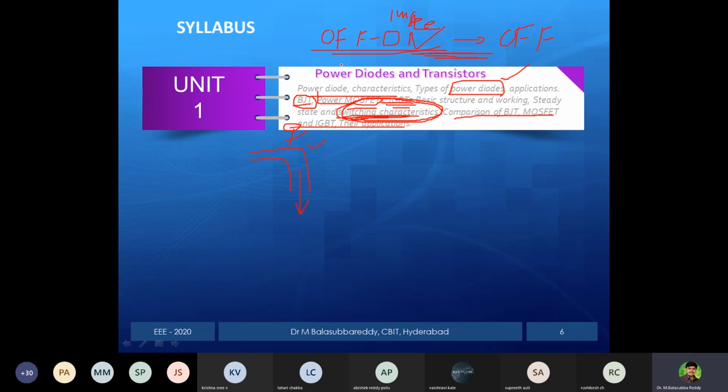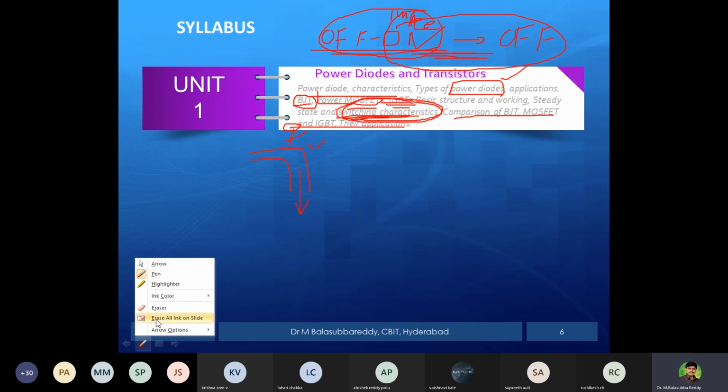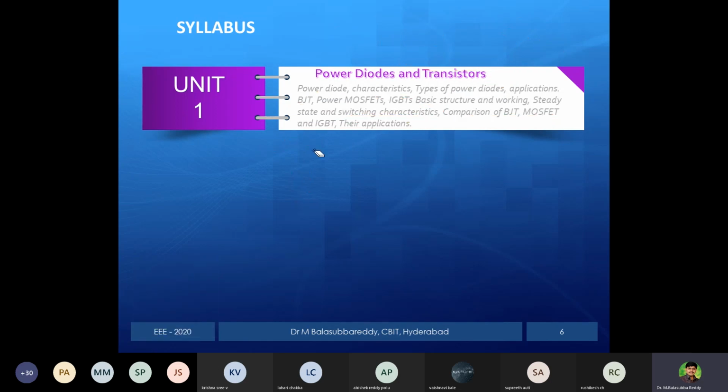That process we will discuss during off to on or on to off. That we call the switching characteristics of the devices. So that comes under the first unit: all the devices, diode, BJT, MOSFET, IGBT, and switching characteristics.